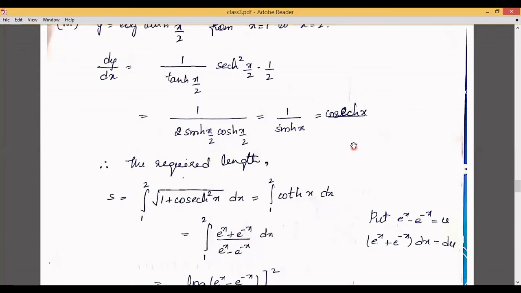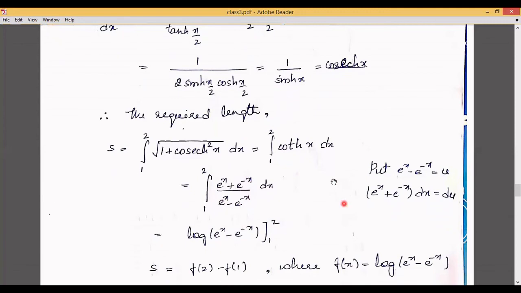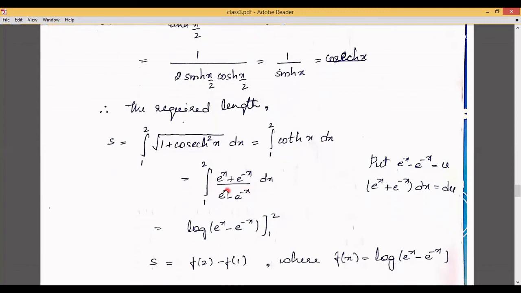So here, how I have integrated is, I've taken e power x minus e power minus x as u, and when you differentiate this, you'll get the numerator. So (e power x plus e power minus x) dx will be equal to du.